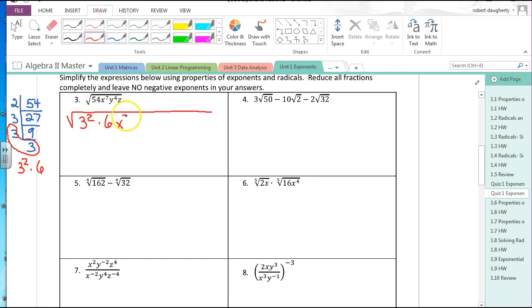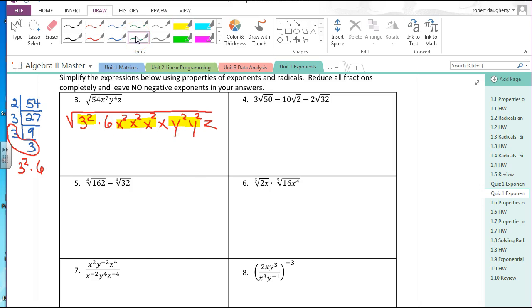X to the 7th, I'm going to write that as x squared, x squared, x squared, x. Y to the 4th, I'm going to write that as y squared, y squared, and then finally my z. Because it's square roots, what are all my perfect squares? So those are all my perfect squares. Those things will come outside the radical.